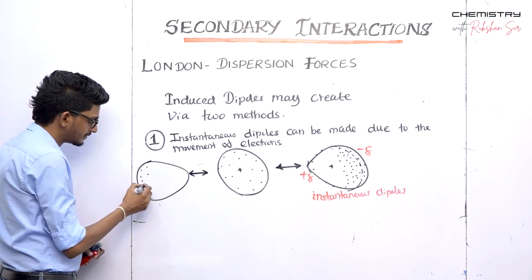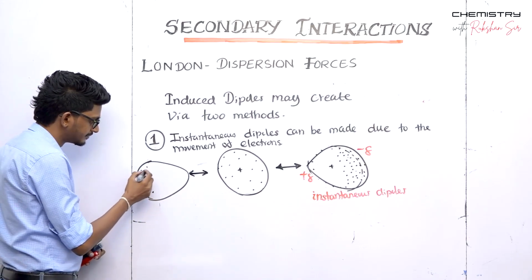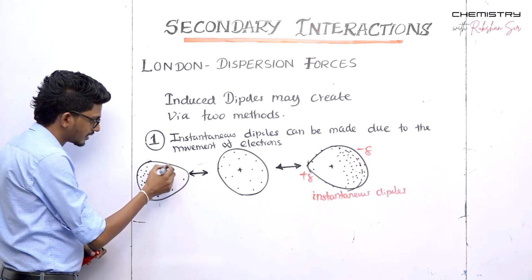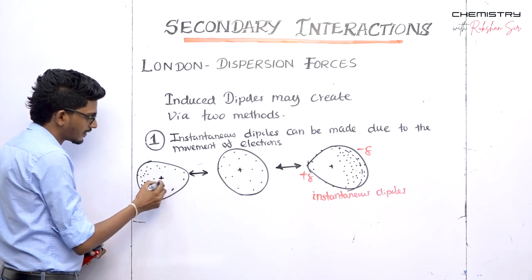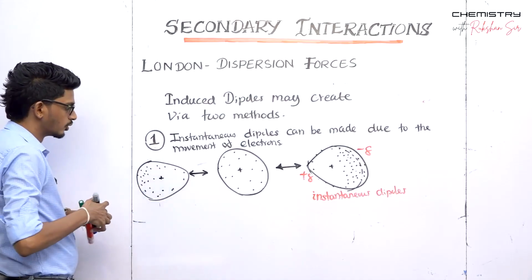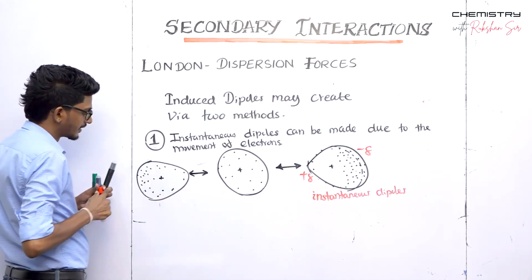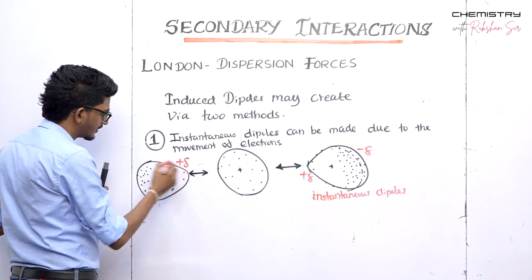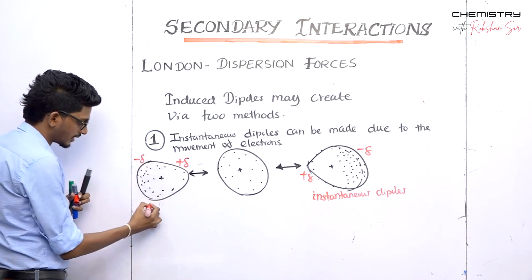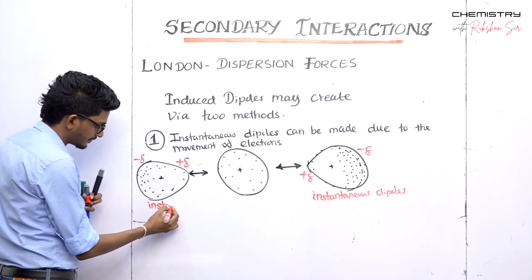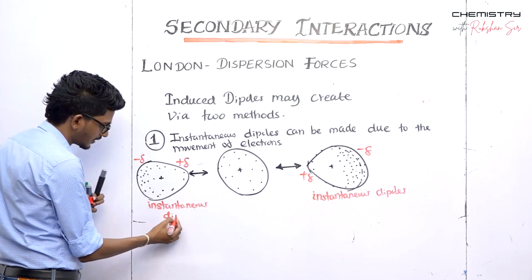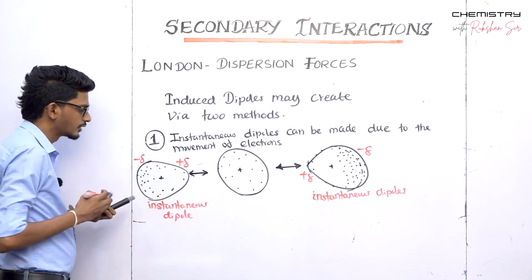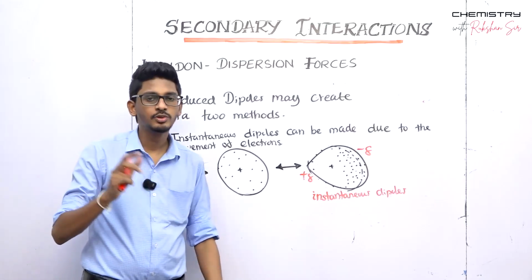More density here, very less density here. So likewise, you can create instantaneous dipoles. These are also referred to as induced dipoles.